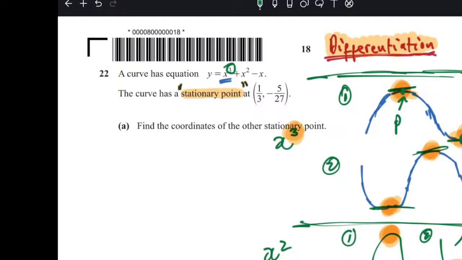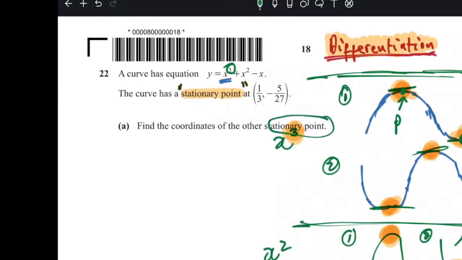They are just saying find the stationary points, and they are doing it through a graph. That's the same thing.